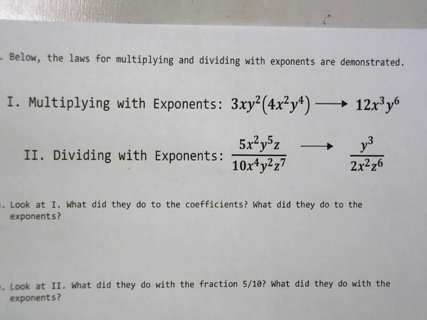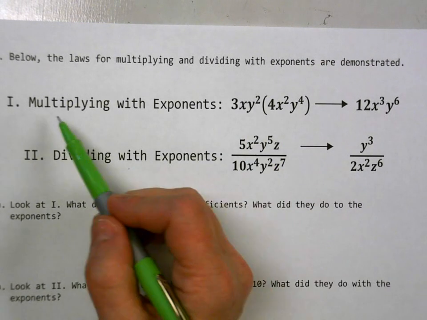The coefficient is the number by itself, right? The coefficient is the actual number that's in front of the variable, yes. Okay. So remember that.